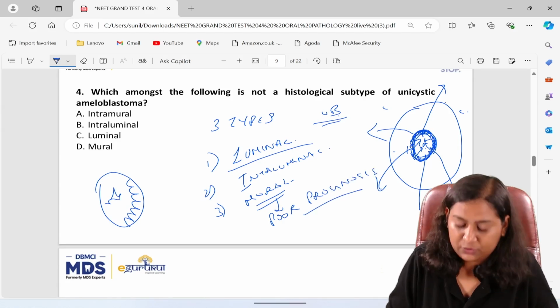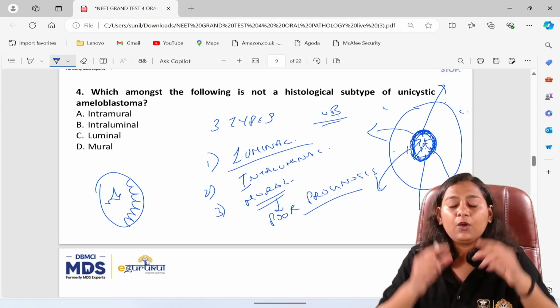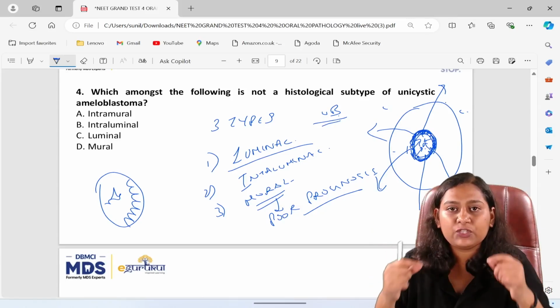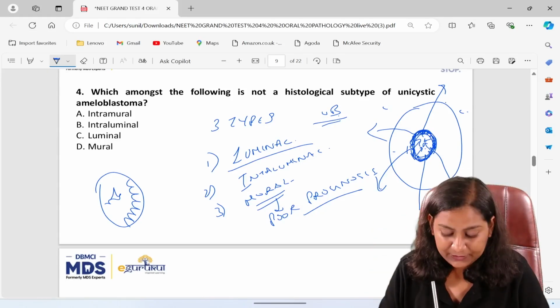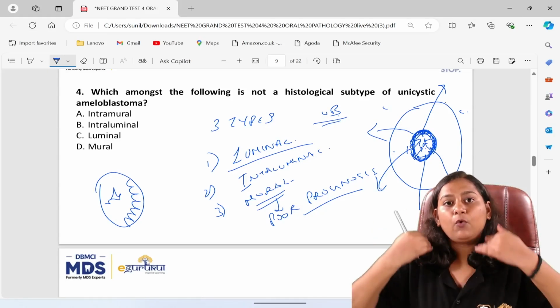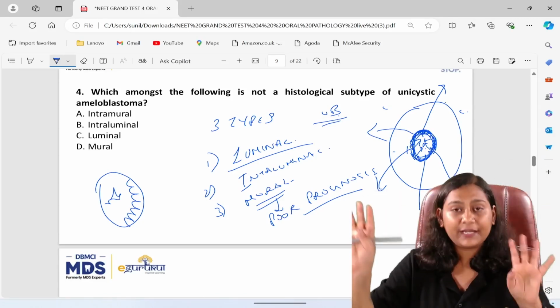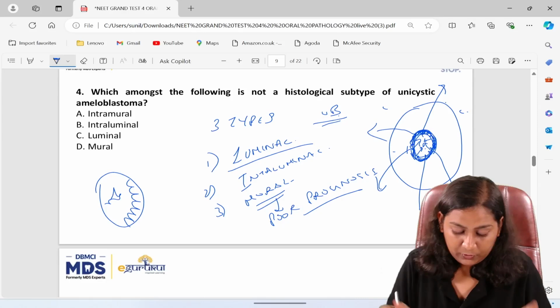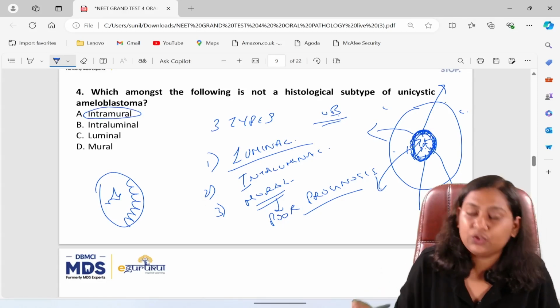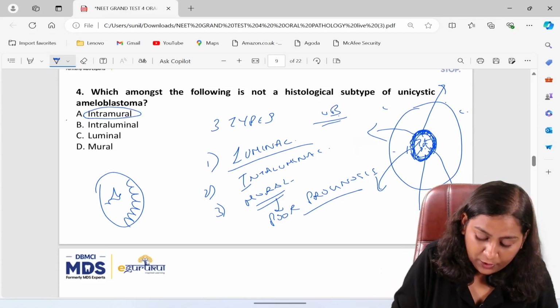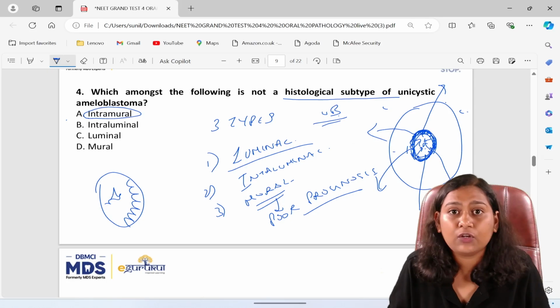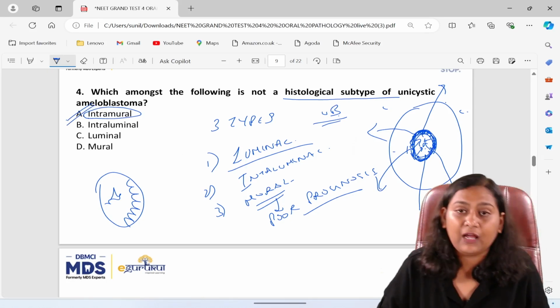Now tell me the answer. So the first variant is luminal, where there will be changes only in the lining epithelium. Intraluminal, it will go inside the lumen, and once the proliferation starts going into the connective tissue, it will be mural. Okay, so intramural is not there. Okay, intramural. So which amongst the following is not a histological subtype? It is intramural.